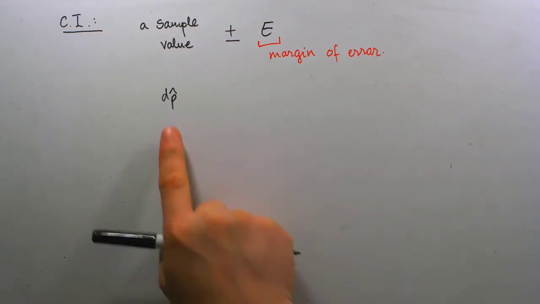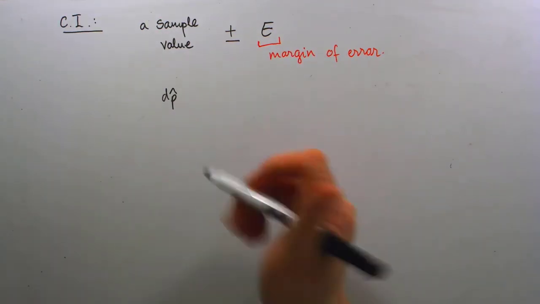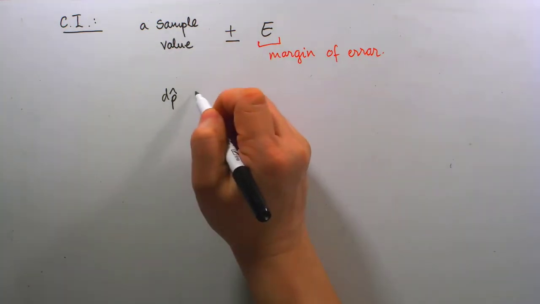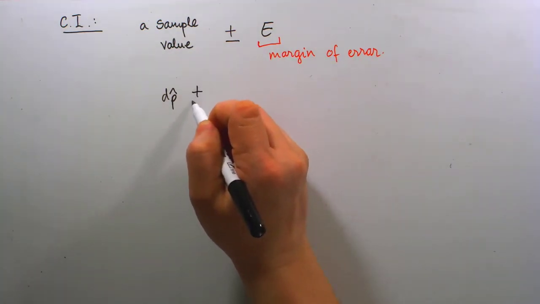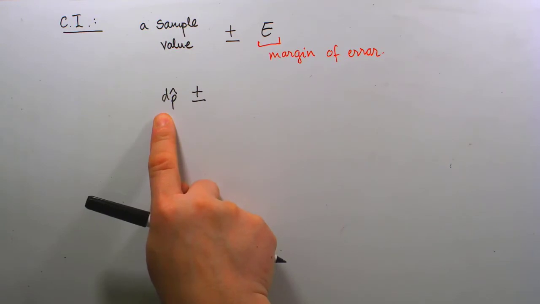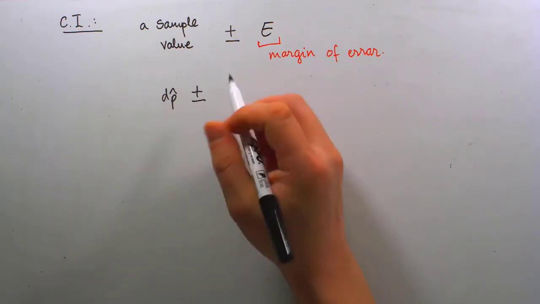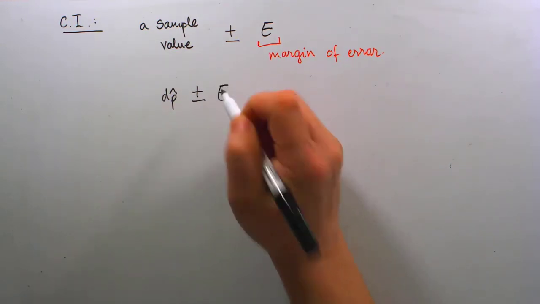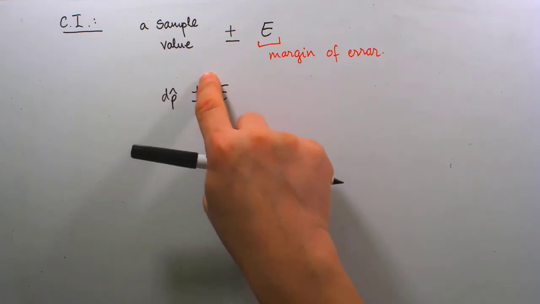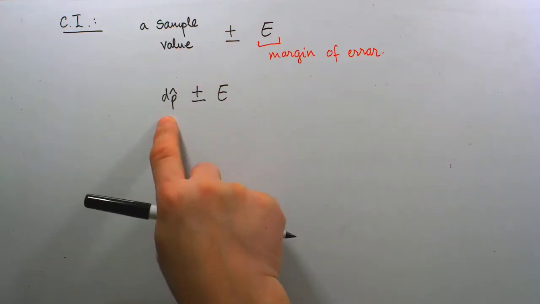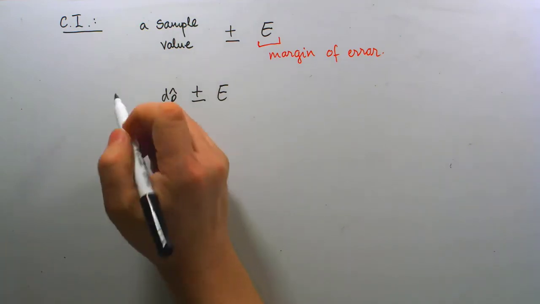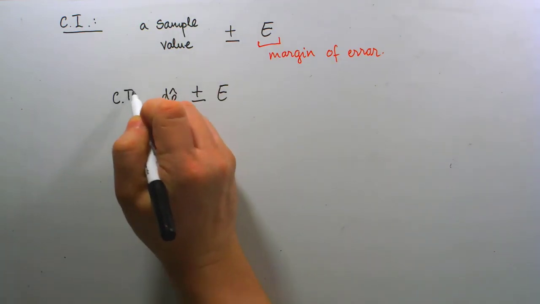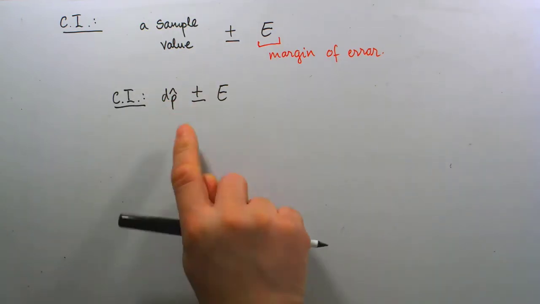And so our final interval must look as follows. From the sample value we have obtained, we are going to figure out the margin of error and add and subtract that from our obtained sample value. This is ultimately what the final confidence interval will look like.